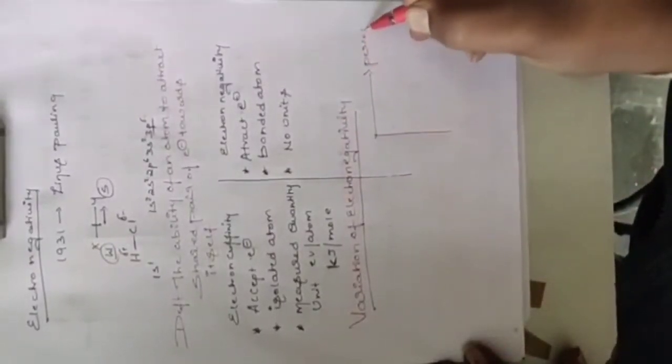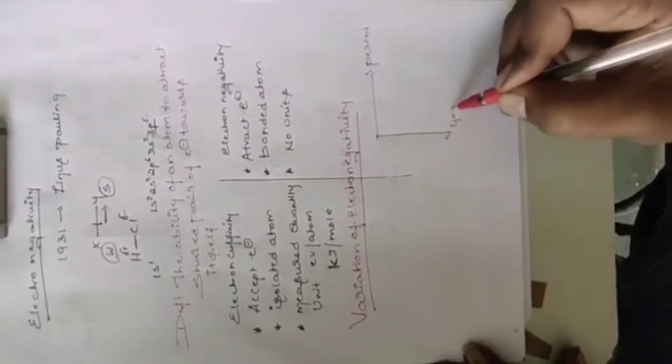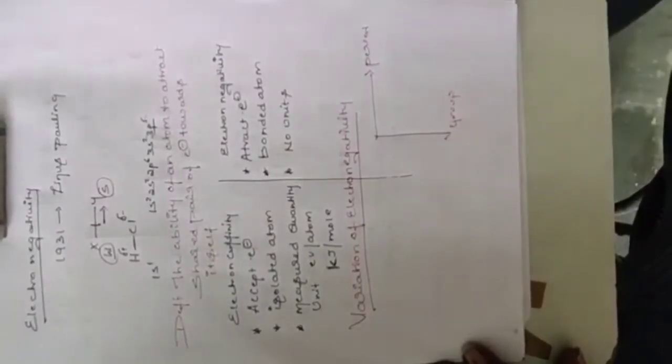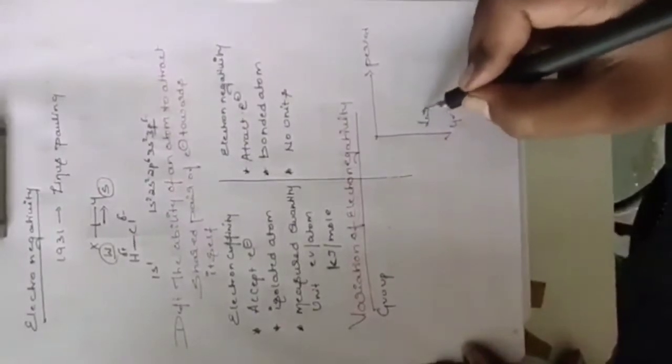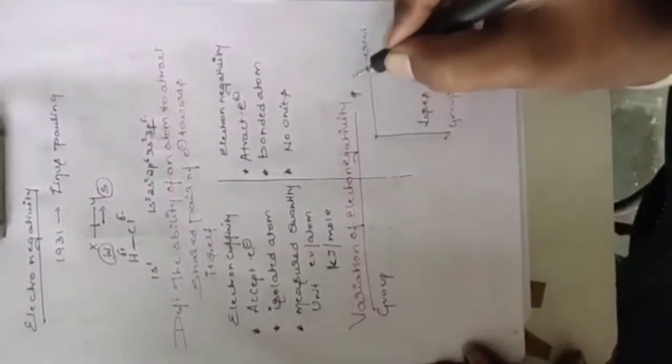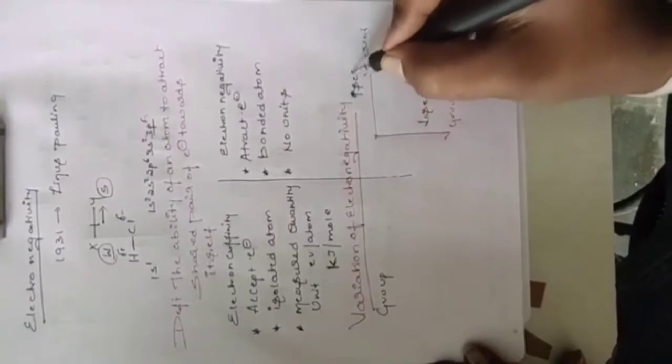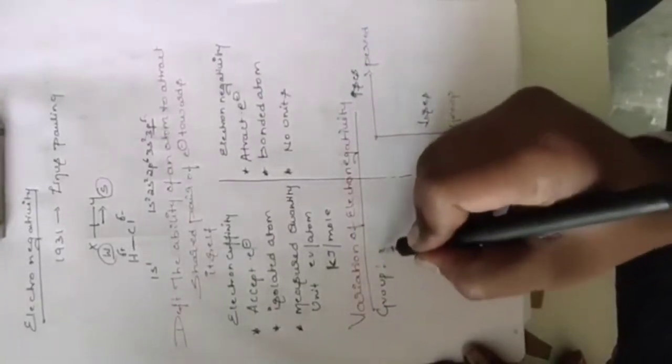In the periodic table, we will write period and group. Down the group, electronegativity decreases. Across the period, it increases.